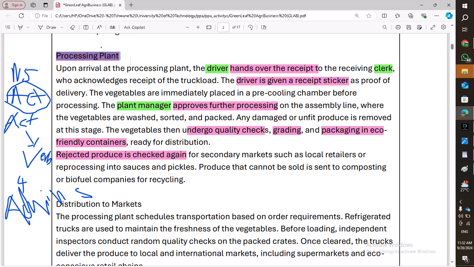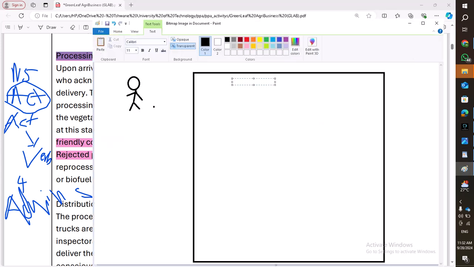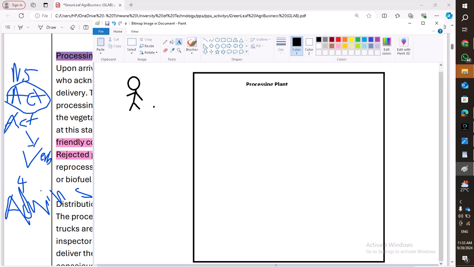I'm going back to my drawing board to put the name of the system here on the top, and then I will make it bold and underlined, and increase the size to 16 so that it looks okay. I think you see what I was trying to do. Processing plant. So what does the driver do?